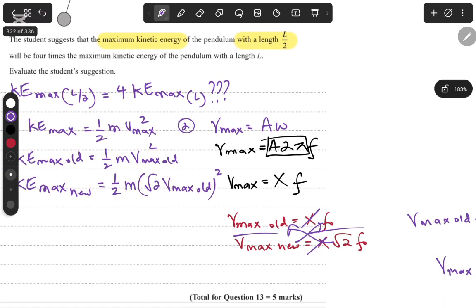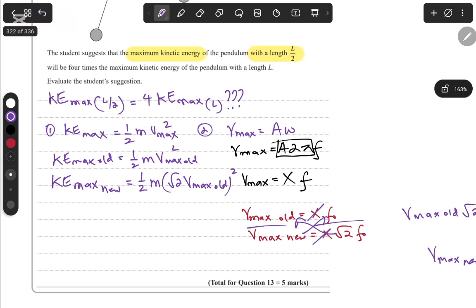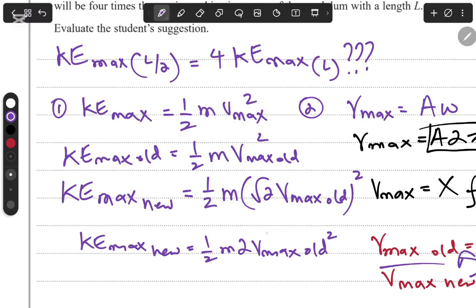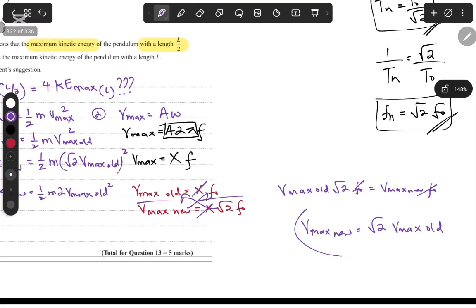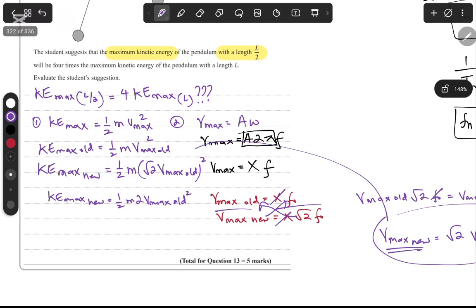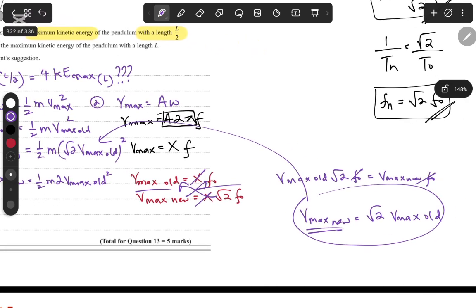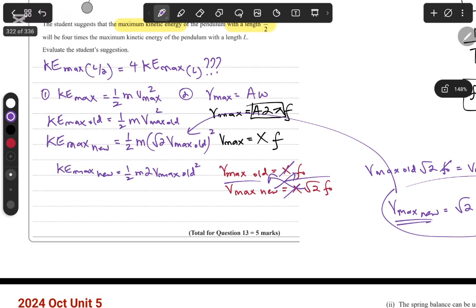Okay, and then I'm going to simplify this further, and I'm going to get this. So the square root 2 squared becomes 2, and then the Vmax old squared. Okay, so I've taken this Vmax new and I've just plugged it in over here, and I've written the old kinetic energy maximum, and the new kinetic energy maximum.